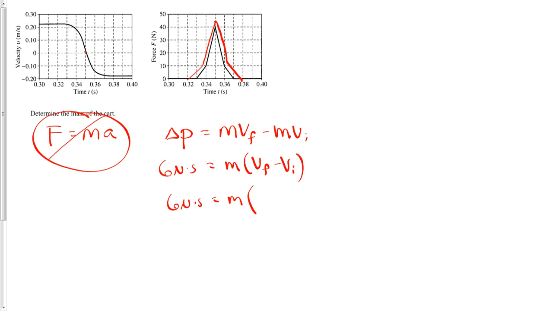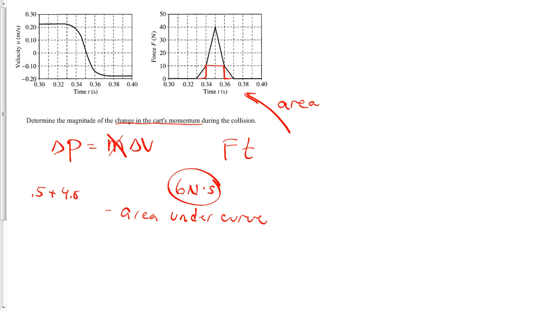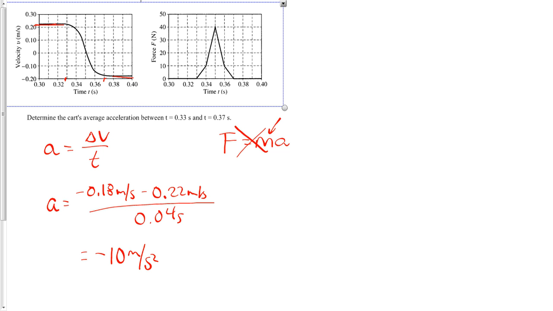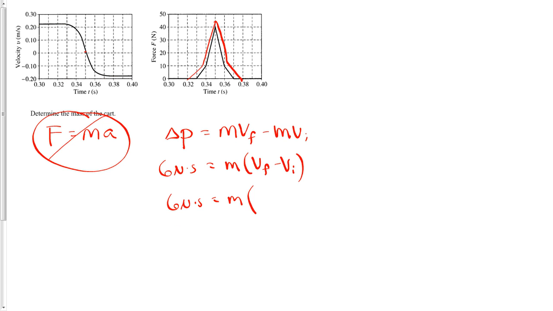Change in velocity, 0.4 from part 1. So the mass is 6 divided by 0.4, 15.